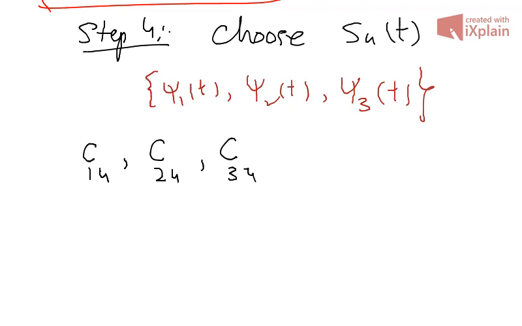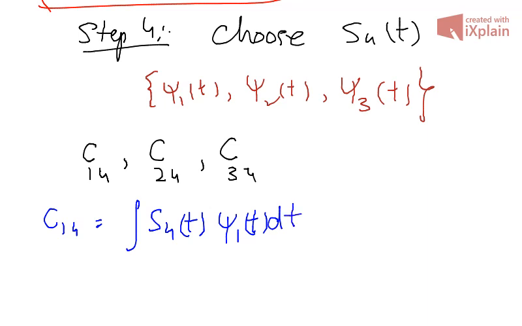C14 is the inner product of S4 and psi 1 of t. If you observe your S4, it is from 0 to 3, right? So our limits are from 0 to 3, but the product will be only from 0 to 2, because our psi 1 only exists from 0 to 2.